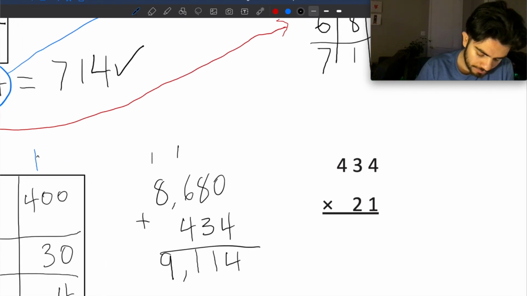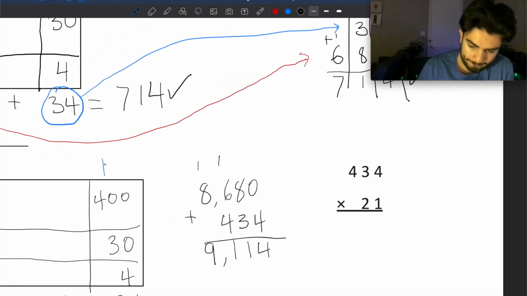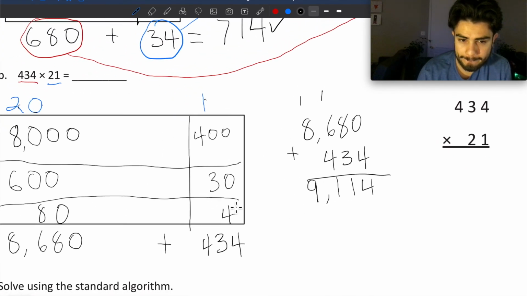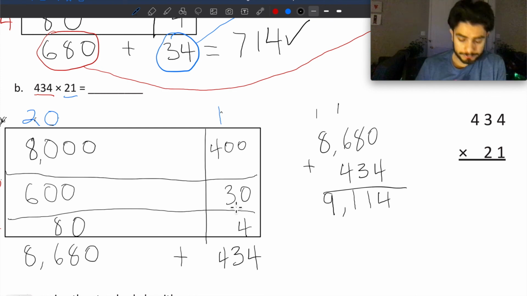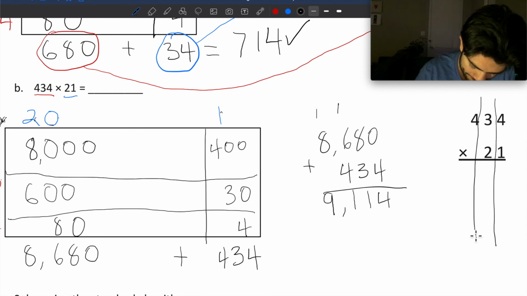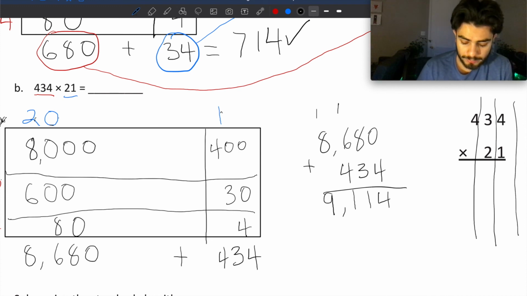Now, let me zoom in here. Okay, there we go. So let's do our standard algorithm. And again, we're going to start multiplying by our ones, then we're going to move on to the tens. 1 times 4, 4, 1 times 3, 3, 1 times 4, 4.